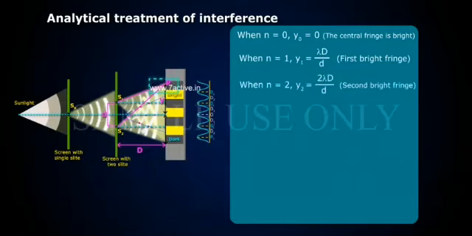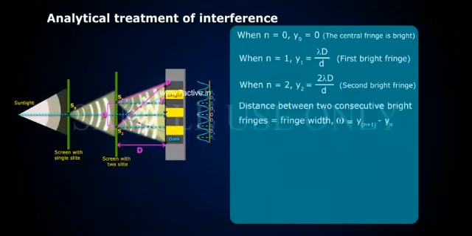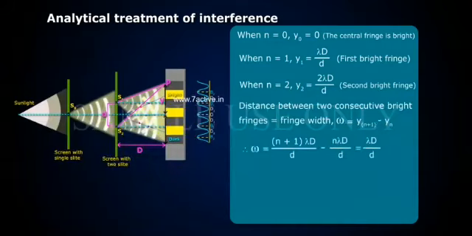When n = 2, y2 = 2λD/d, second bright fringe. Distance between two consecutive bright fringes equals the fringe width, β = y(n+1) − yn. Therefore, β = (n+1)λD/d − nλD/d = λD/d.